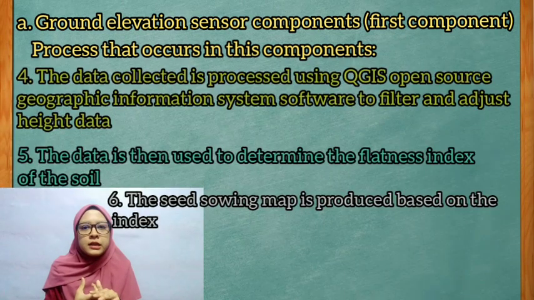Fourth, the data collected is processed using QGIS open source geographic information system software to filter and adjust height data. Fifth, the data is then used to determine the flatness index on the soil. And lastly, the seed sowing map is produced based on the index.